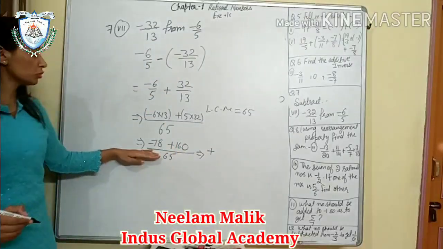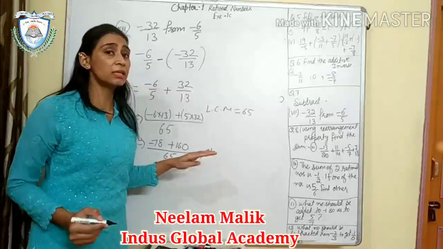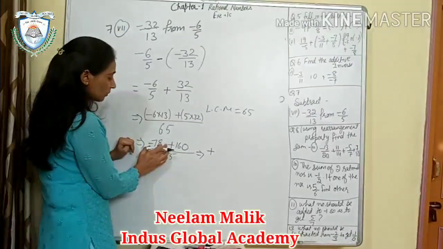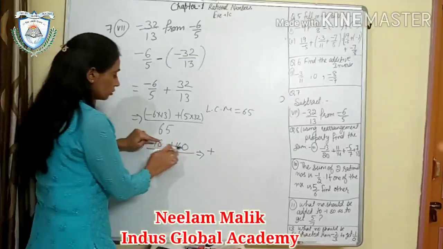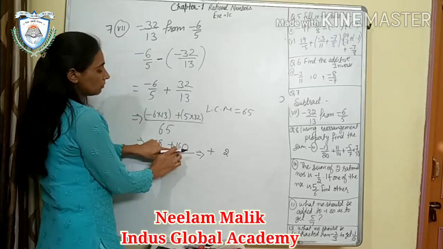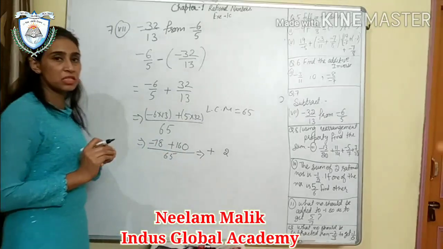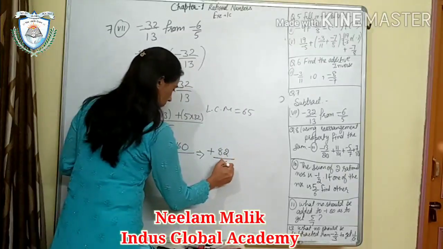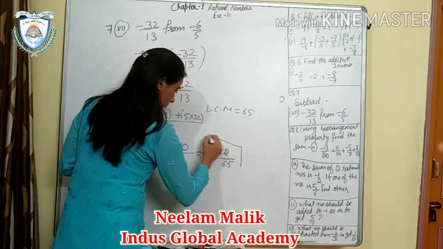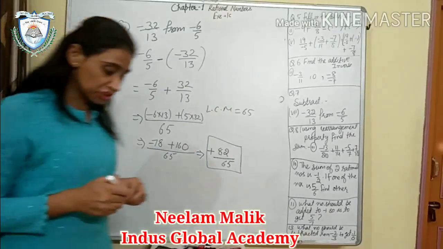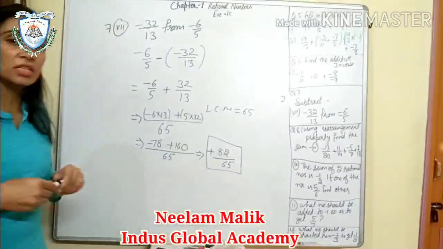So we subtract this one from that one: from 10, 8 will go, here will be 2, then 15, from 15, 7 will go, you will get 8. So this is your answer, positive 82/65.